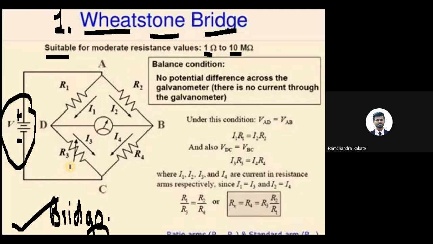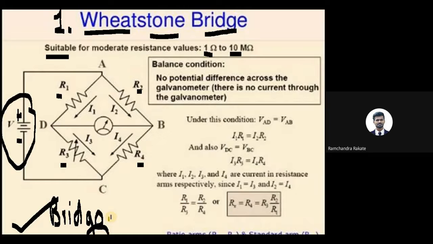It mainly consists of, as you can visualize here, how many resistances? 4 resistances: R1, R2, R3 and R4. If you are forming any Wheatstone bridge, keep in mind there are only 4 resistances.